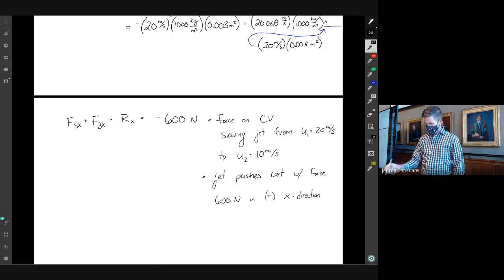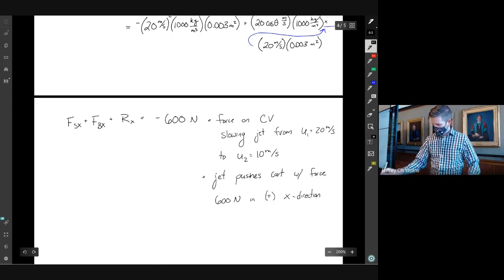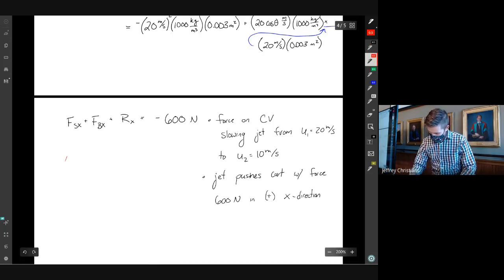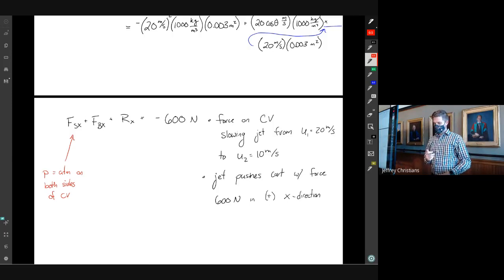Okay, this is the sum of all of the forces acting in the x direction. But we can actually simplify this a little bit because the atmospheric pressure is everywhere. So there isn't a force on our control volume from pressure.